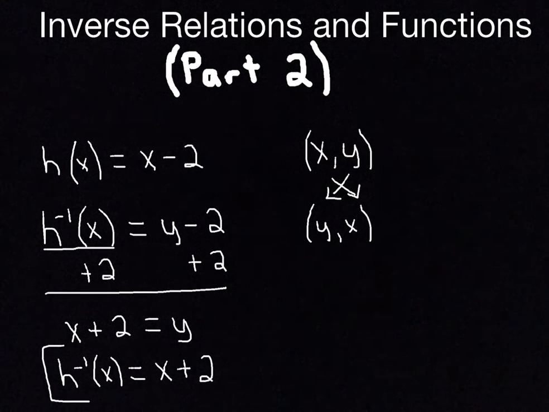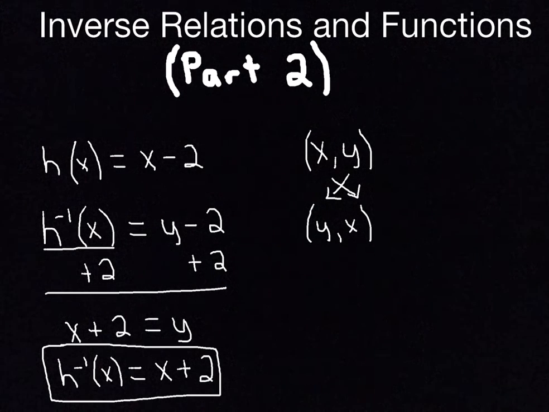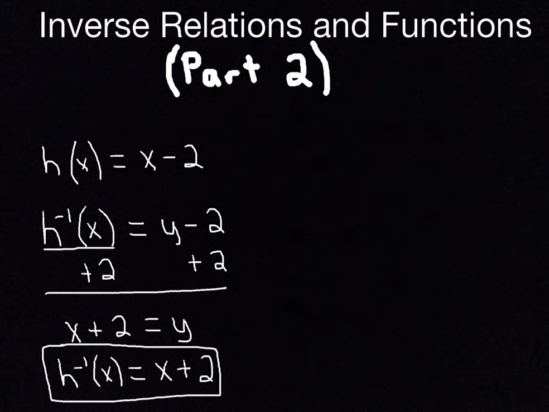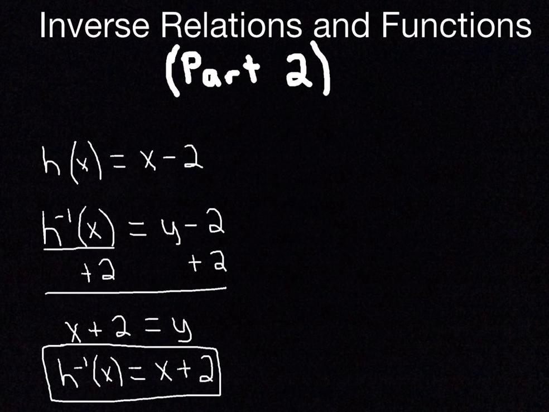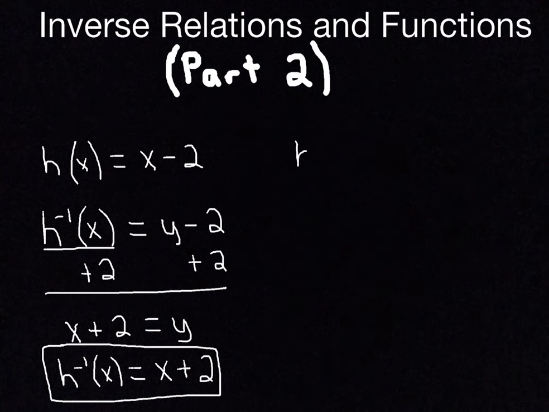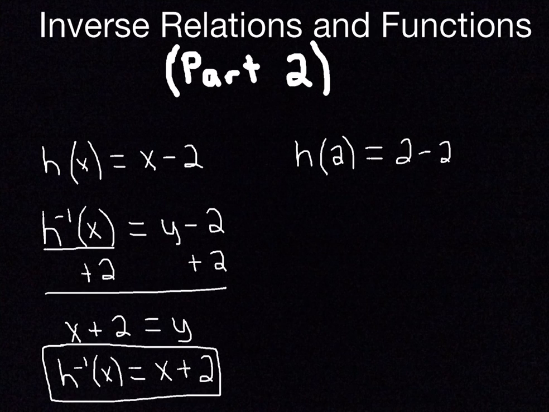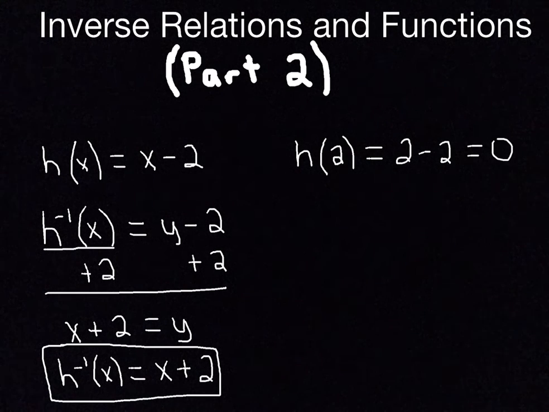All right? So if you have h of x is equal to x minus 2, its inverse, or what would undo that, is x plus 2. Now let me show you exactly what we mean by undoing it. If I want to find h of 2, let's plug it in here. What is 2 minus 2? Well, 2 minus 2 is 0.